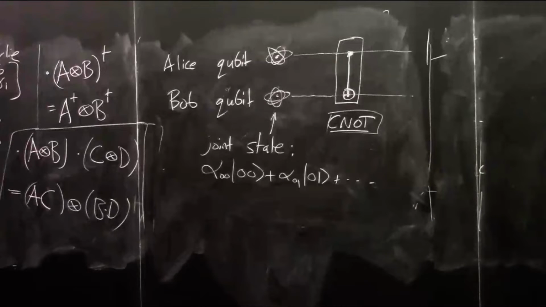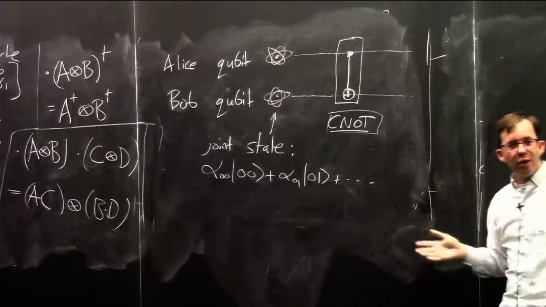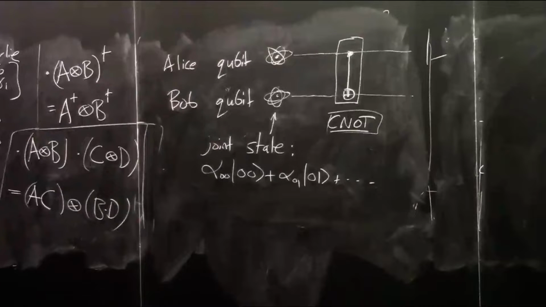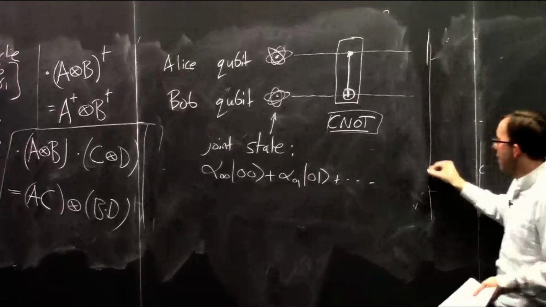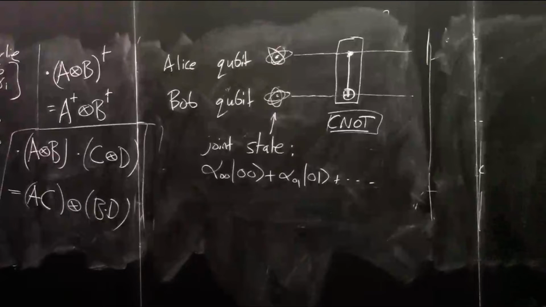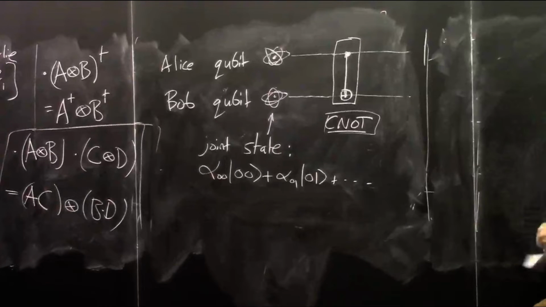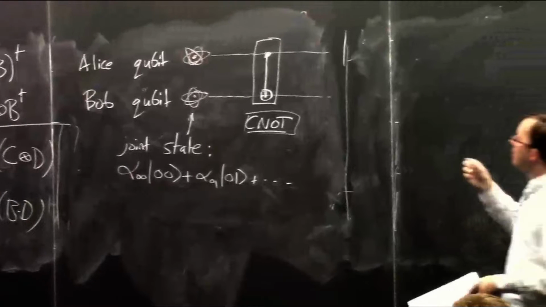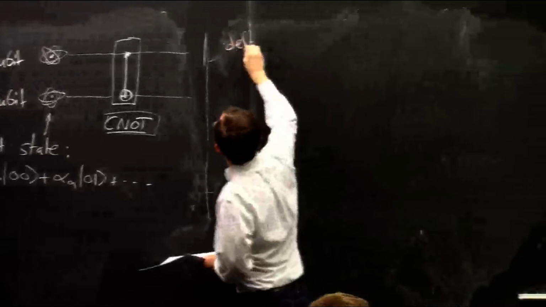In fact, according to Wikipedia, the first time they really built a good version of these CNOT gates in practice was in 1995, which already post-dated Shor's algorithm being published. But anyway, they've had 30 years since then, so I think they're pretty good at building physical CNOT gates these days. But we're just going to assume in this course that we have a perfect CNOT gate, and I will remind you what it does.